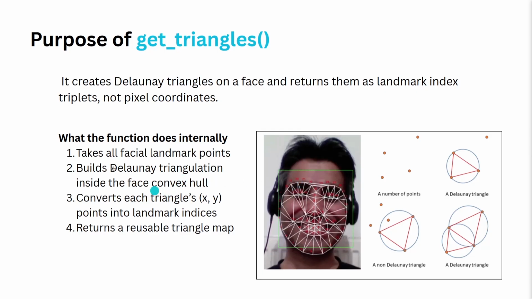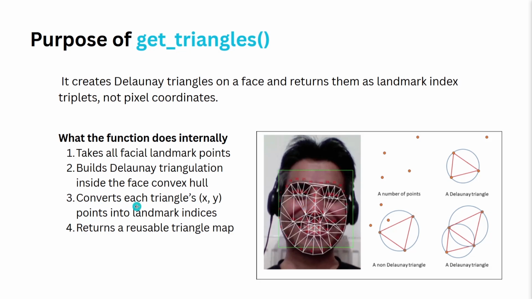Now the question is what the function does internally. It takes all facial landmark points and builds a Delaunay triangulation inside the face convex hull. The area you can see which wraps the face is known as the convex hull, and inside it you can see all the triangles. That is the Delaunay triangulation.